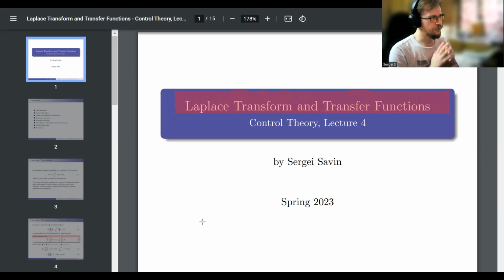So before we begin, let me just recap what we did before. We looked at ODEs, especially linear ODEs, and we learned how to transform them into state space. And the difference between the two was that ODE is just a differential equation.